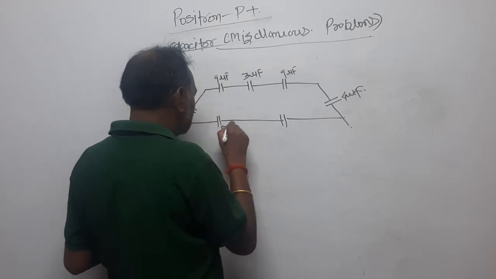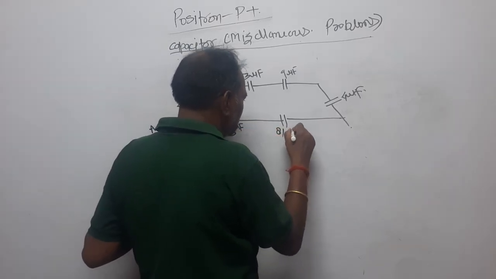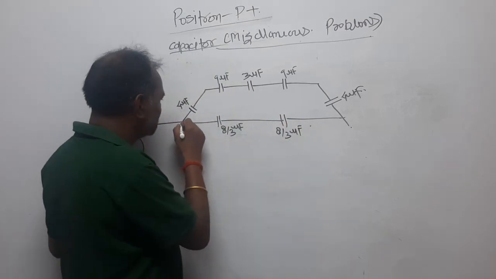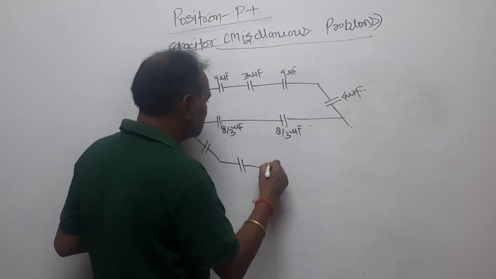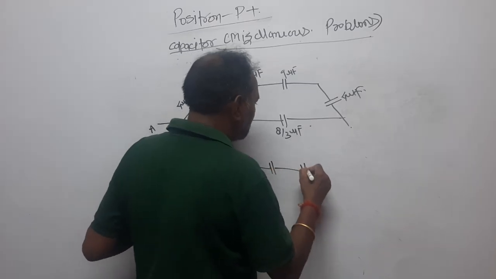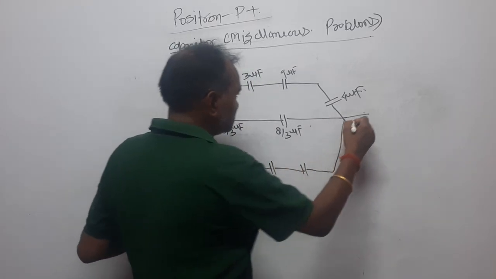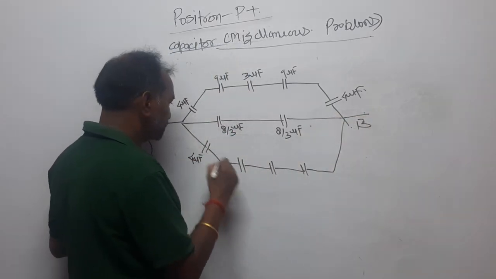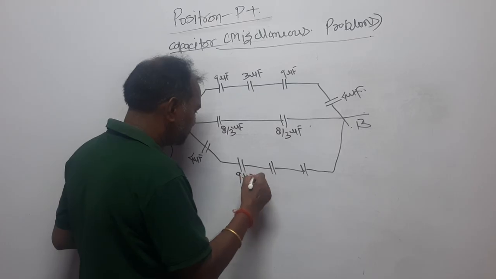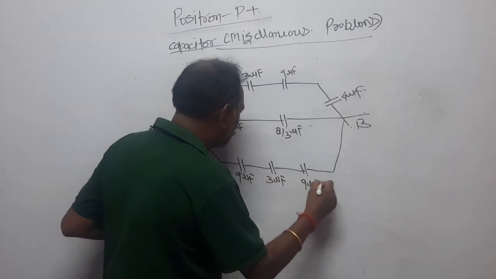This is 8 by 3 microfarad. This is 4 microfarad, and again the same condition, 9, 3, 9. This is A, this is B, 4 microfarad, 9 microfarad, 3 microfarad, 9 microfarad.